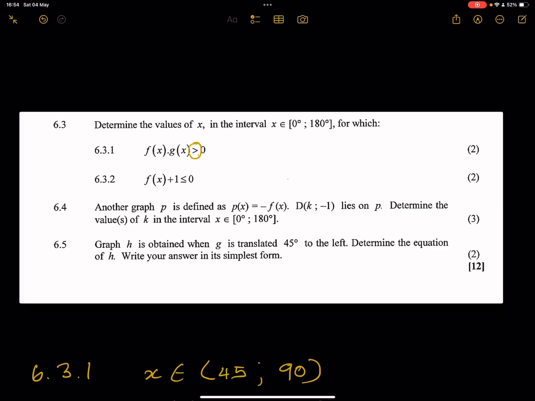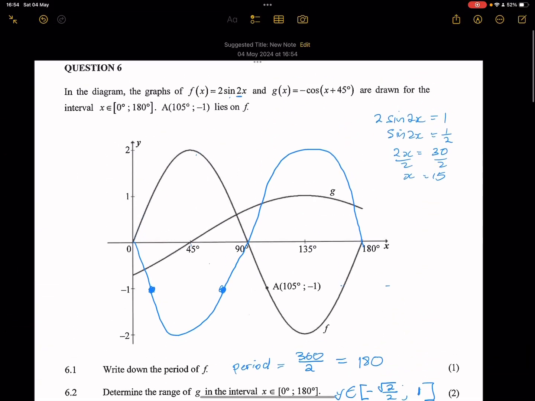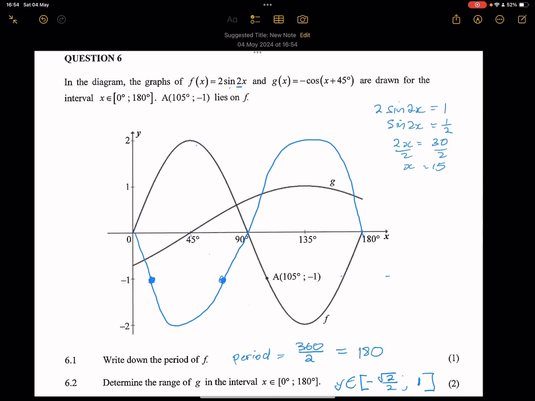And then finally, they say graph H is obtained when G is translated 45 degrees to the left. Determine the equation of H. Write your answer in its simplest form. So what are we doing? Taking the graph of G and moving it 45 degrees to the left.